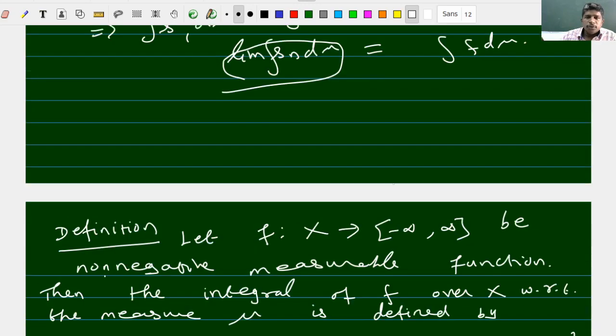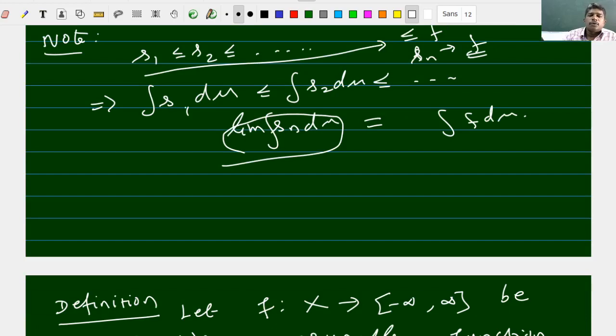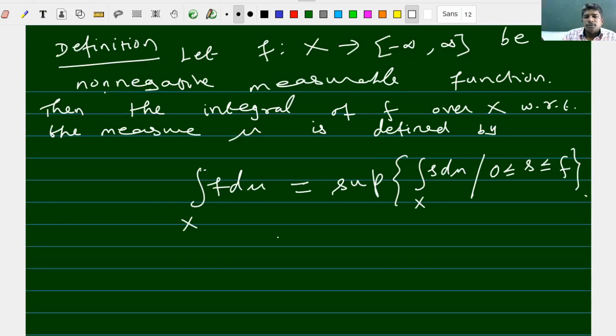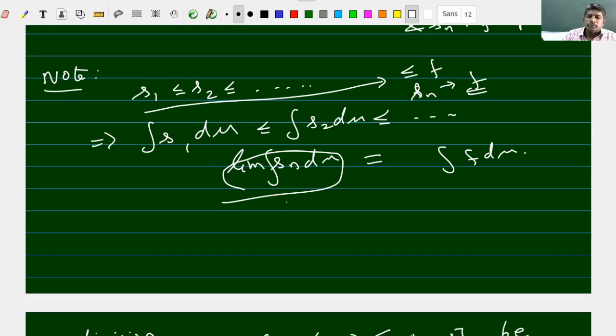The approximation theorem says that this integral is the supremum of some set. This set is the set of all numbers obtained as the integral of simple non-negative measurable functions less than or equal to f. So in this set there is an increasing sequence which converges to the integral of f d mu.